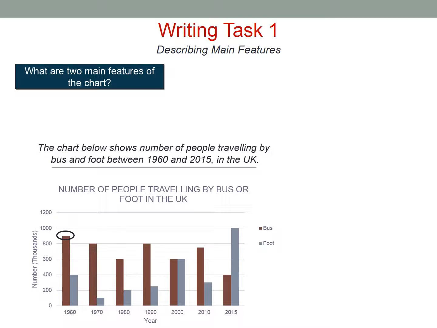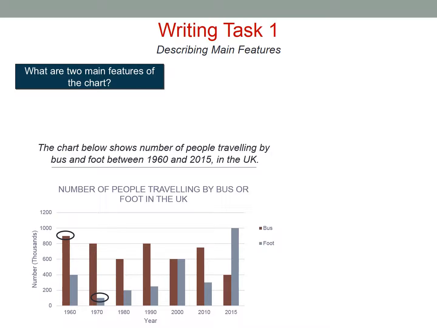Here, we use 1960 and 1970 for our main features. The highest number of people travelling by bus was in 1960, with approximately 900,000 passengers, while the lowest number of people walking was in 1970 at approximately 100,000 people.